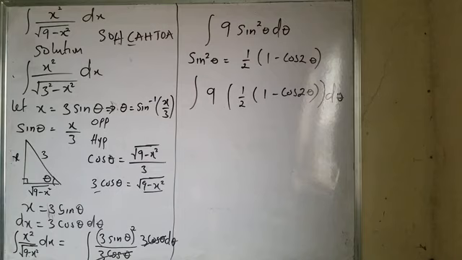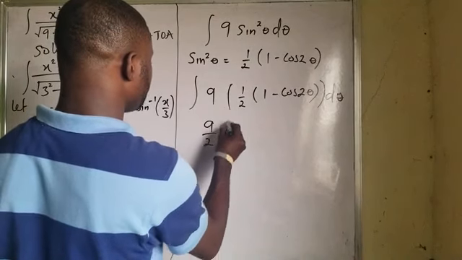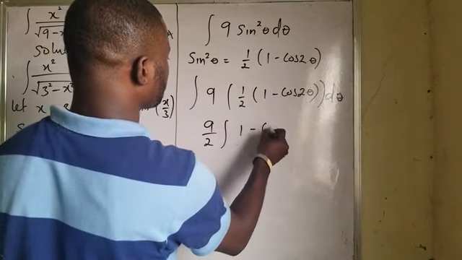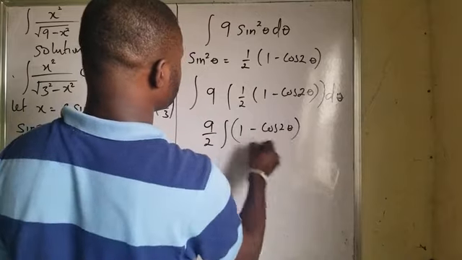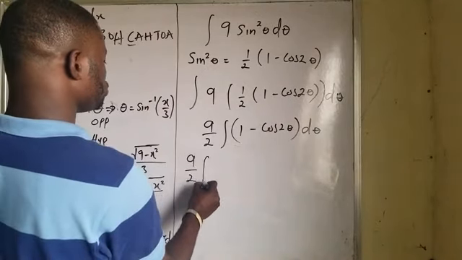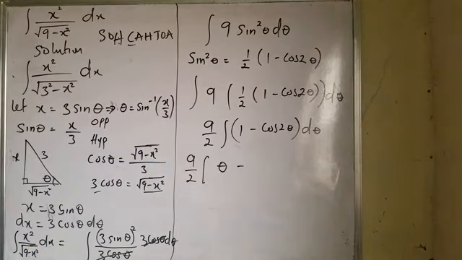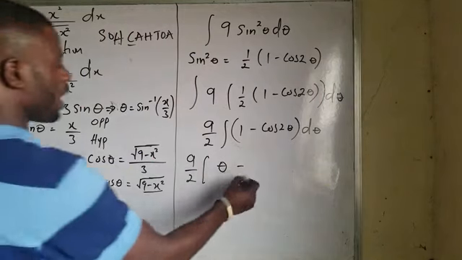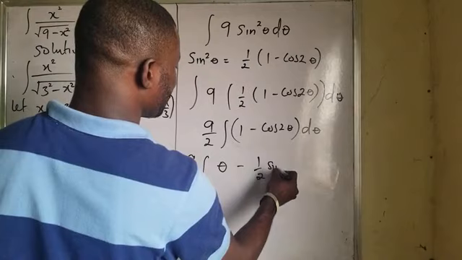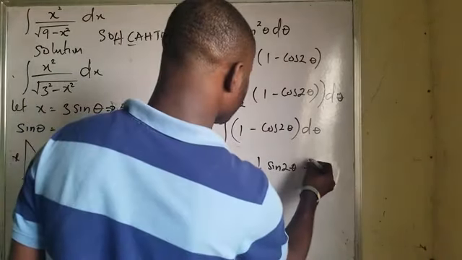I have constant numbers which I can bring out of the integration, which is 9 over 2, integral of 1 minus cos 2 theta d theta. It means 9 over 2, bracket of theta minus, if I integrate this, 1 over 2 sine 2 theta, plus k.